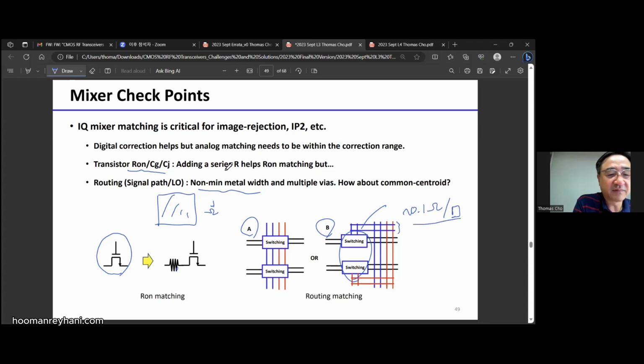So if you have, let's say, 10 microns length and 0.1 micron width, that's about 100 squares times 0.1, that's 10 ohm, and that plus the LO driver resistance, those things all add up. If they don't match well, your LO phase can also change because of the RC time constant. So those are the things we need to worry about, especially at high frequency.